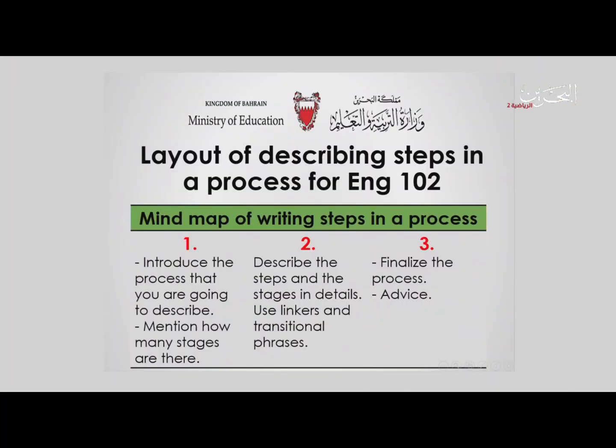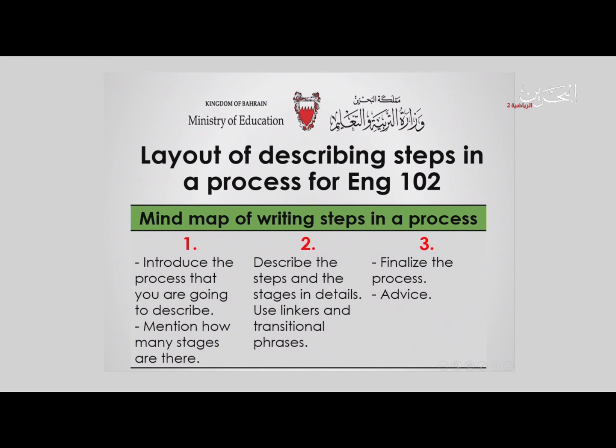Now we are going to move to the second objective, which is the layout of describing steps in a process. I am going to start with English 102. There is a very simple difference between English 102 and English 810 in the structure, in the layout of the writing, but we're going to start with 102 and I'm going to clarify that later on.